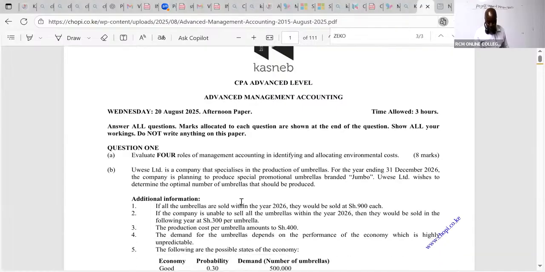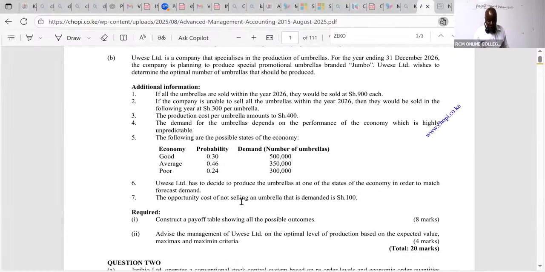So you start by reading the requirement: construct a payoff table showing all the possible outcomes. Advise the management of SHD Limited on the optimal level of production based on the expected values. This was a very easy question, but over 80% of the students never got this right.